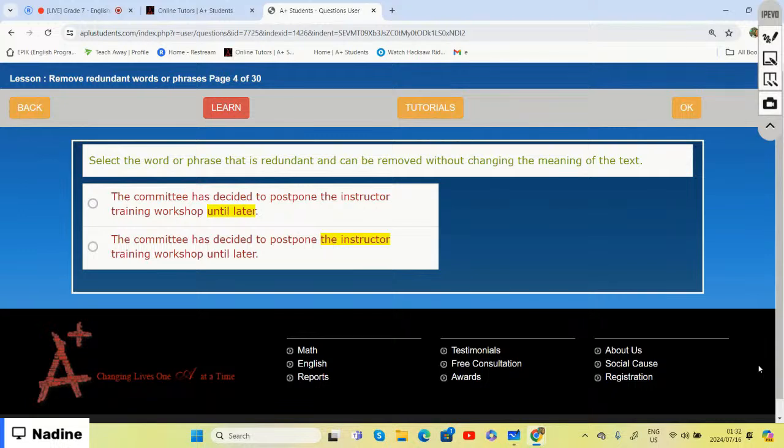It says the committee has decided to postpone the instructor training workshop until later. We need to choose the correct redundant.